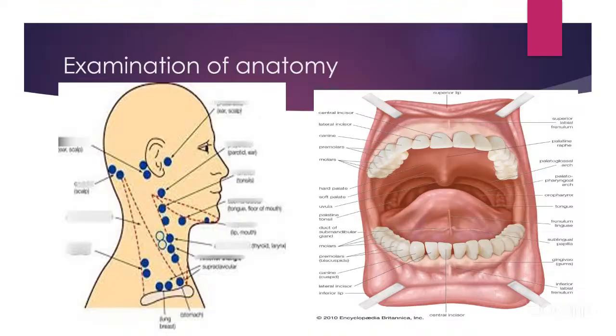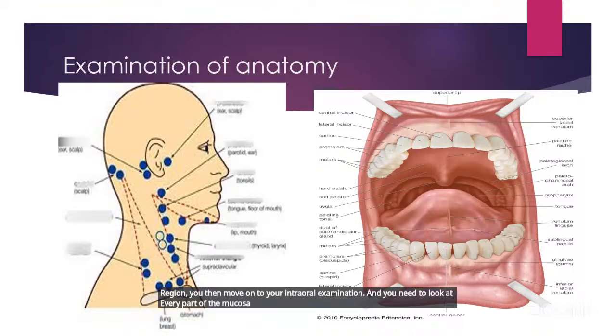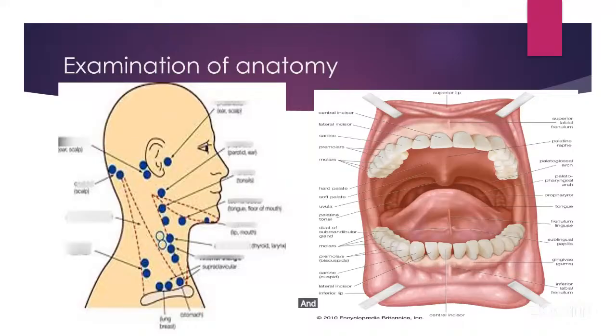Then once you're happy that you've collected all the information from that region, you then move on to your intraoral examination. And you need to look at every part of the mucosa of the lips, the surrounding skin, and inside the mouth. So you need to do this in a structured, systematic way, and something that you do every time a patient is examined.